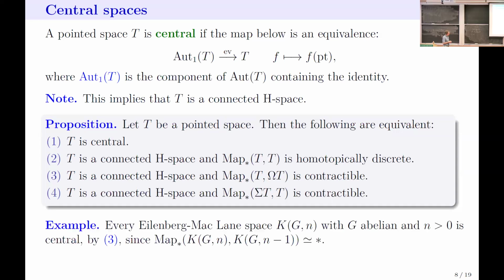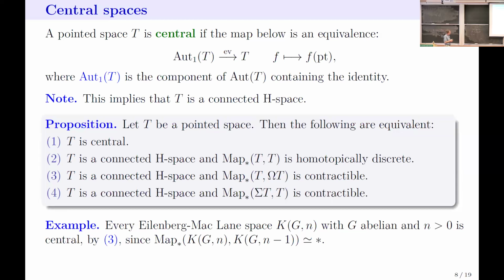So let me give some examples. Every Eilenberg-Mac Lane space for an abelian group and positive n is central. You can see this with either 2 or 3, but let me explain with 3. The loop space of an Eilenberg-Mac Lane space is an Eilenberg-Mac Lane space one dimension down.